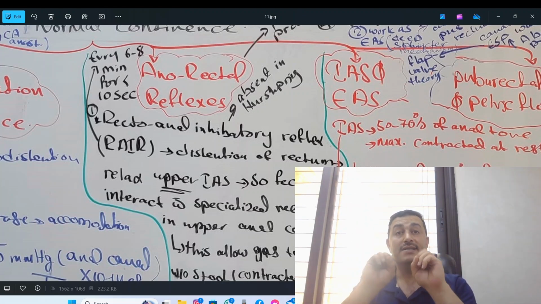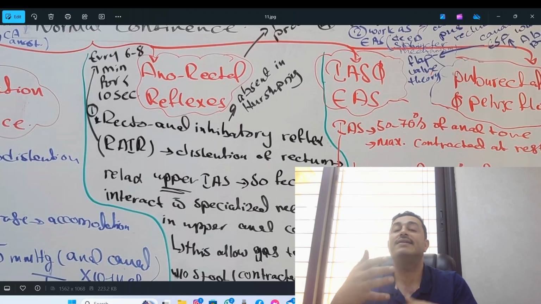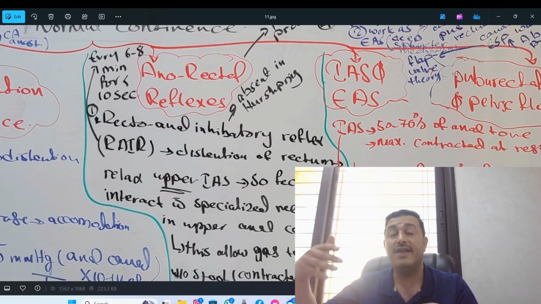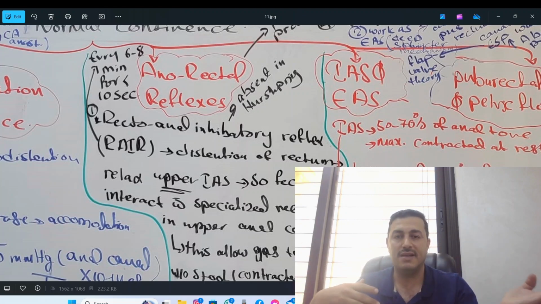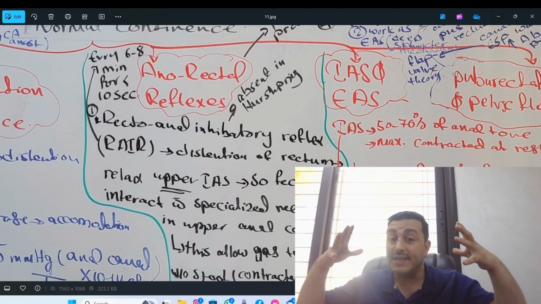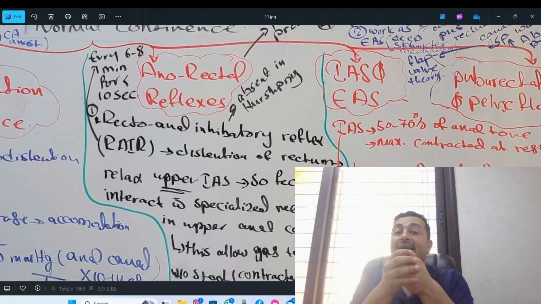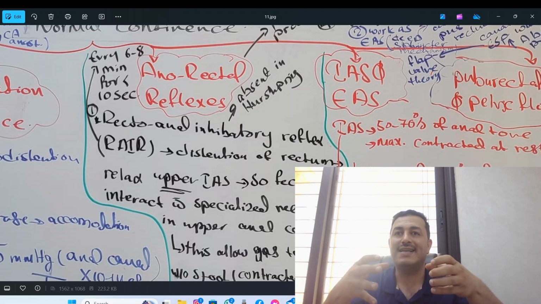It sends a signal to the proximal anal canal, in other words the internal anal sphincter. The distal anal canal is the external anal sphincter. So when the rectum is distended, it sends inhibitory signals to the internal anal sphincter, which is in a state of tonic contraction, to relax.